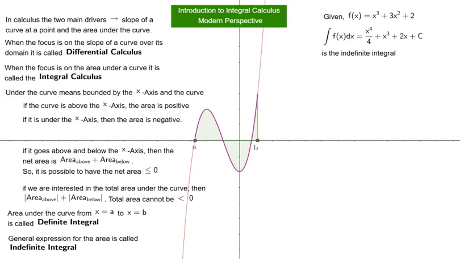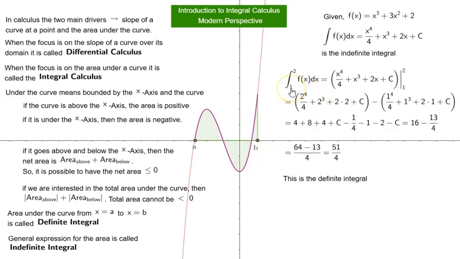But when we are talking of a definite integral, we are talking from a particular x value to a particular x value. So integral from 1 to 2 of f of x dx is equal to, take the integral expression, put a bar and write 1, 2, which means subtracting the value evaluated by substituting x by 2 minus the value obtained by substituting x by 1.